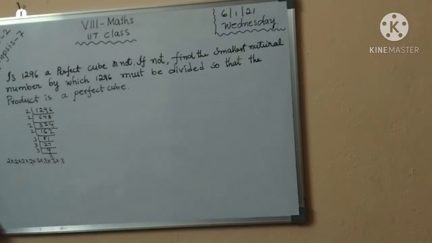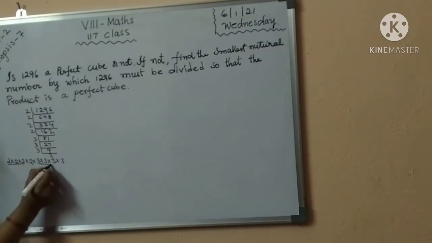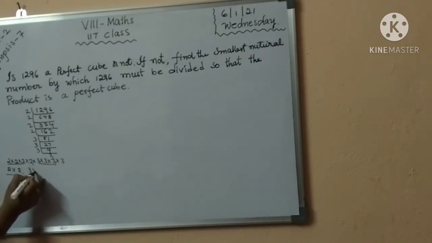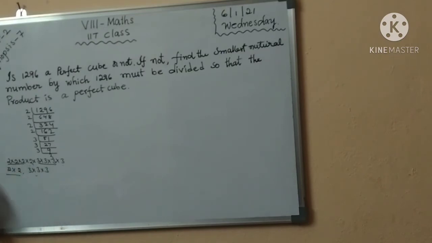We know that for a cube, a group of 3 equal factors makes a cube number. Here, remaining, 2 is single and 3 is also single. So is it a perfect cube? No, because 2 and 3 are single numbers. Here, adding 2 more 2s and 3 more 3s would make it a perfect cube.